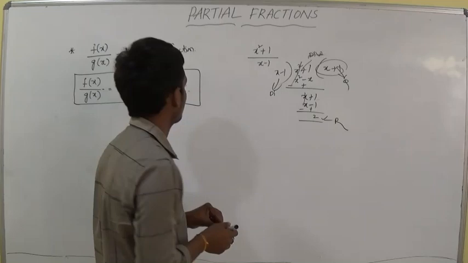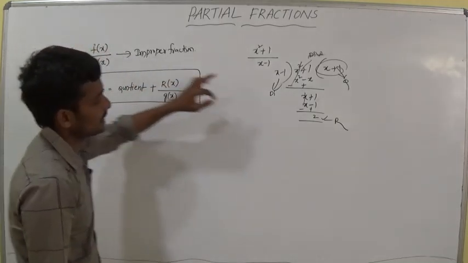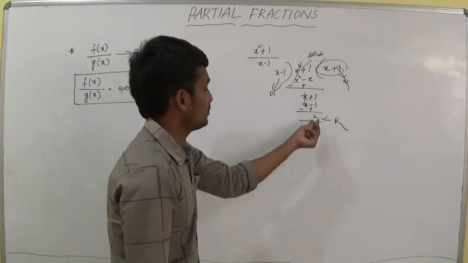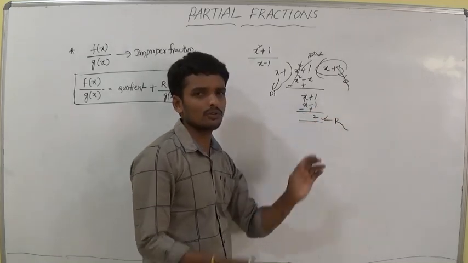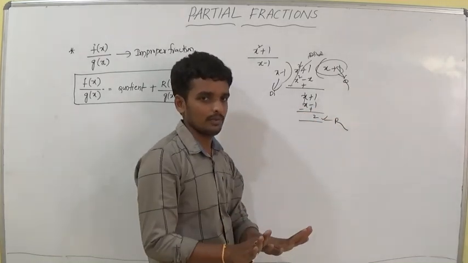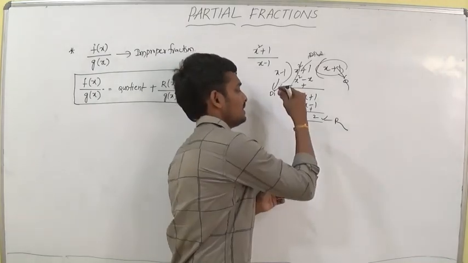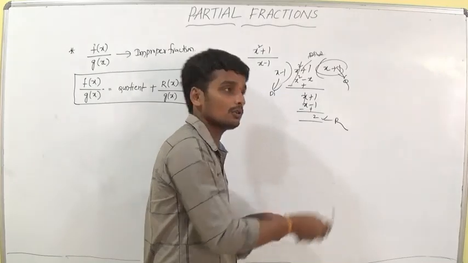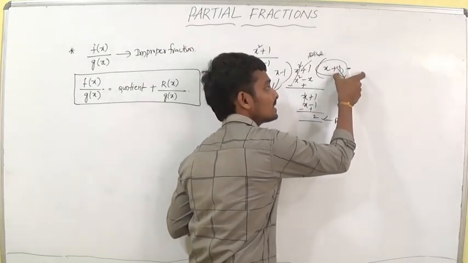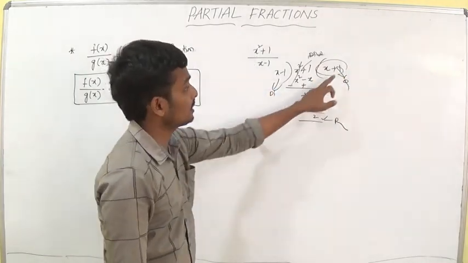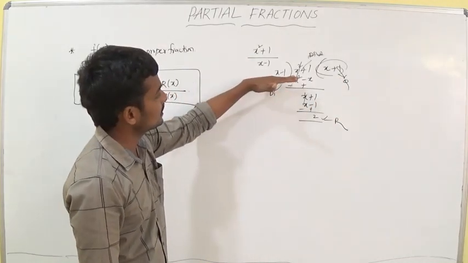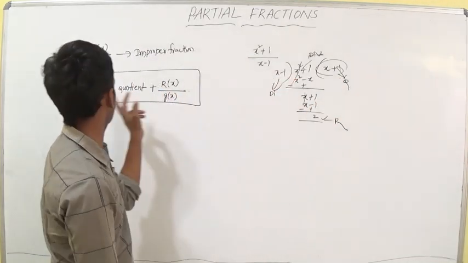If you divide improper fractions, you are getting some quotient, plus if you get the remainder 0, the quotient will stop. Otherwise, if you don't get 0, you are getting 2. If you want 0, you are adding some additional part. The additional part depends upon the remainder by g of x. The g of x is the denominator.